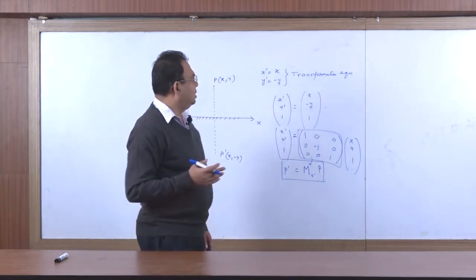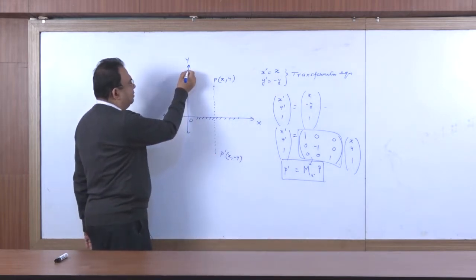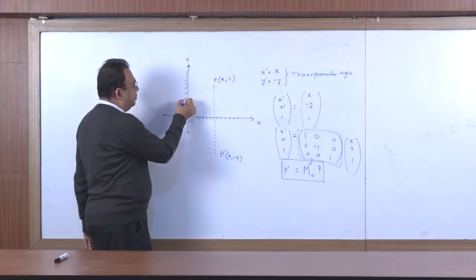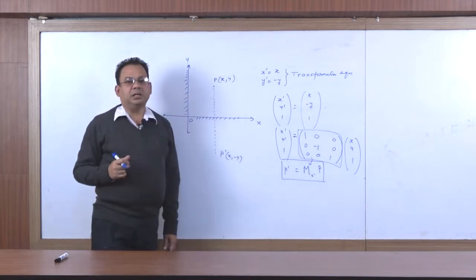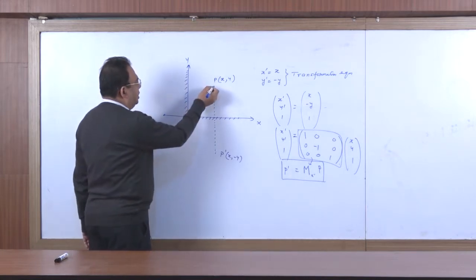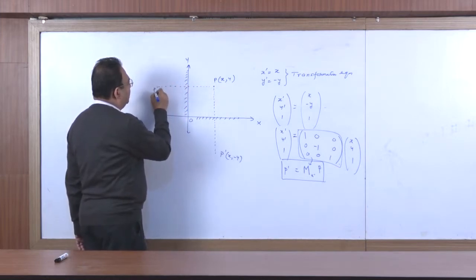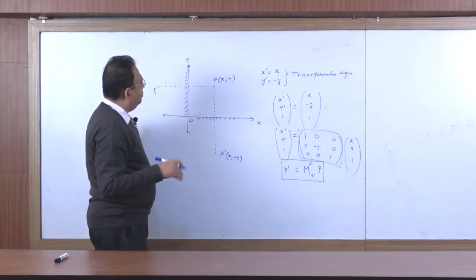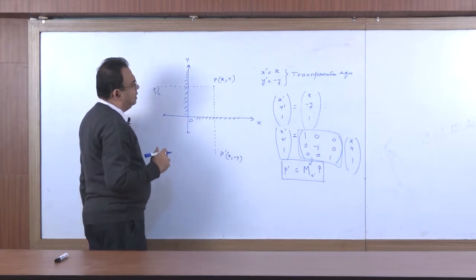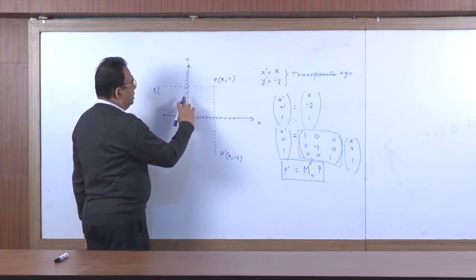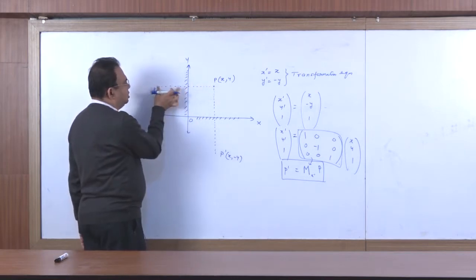In the same way, if we consider that the y axis is the alignment for the mirror, and if the same point P is reflected with respect to that mirror, then let P be reflected at P1, say. From our elementary concept of physics, we can easily say that the coordinate for P1 is: y remains the same, but x is just opposite to the earlier one.